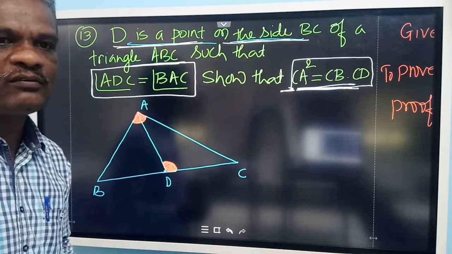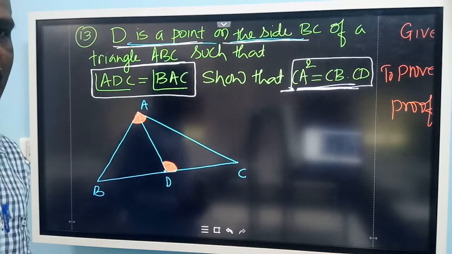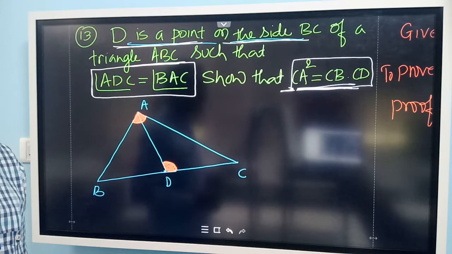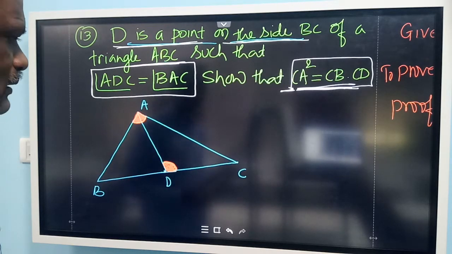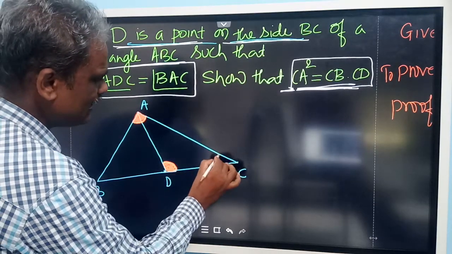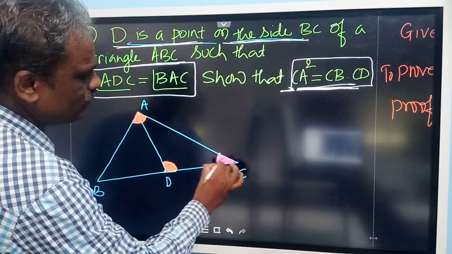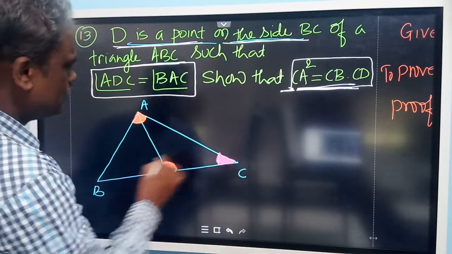One more angle we have to find out to show that the triangles are similar. Can you identify which angle is the same in both the triangles? Angle C is common. Yes. Look at this angle C. This is a common angle for both the triangles.